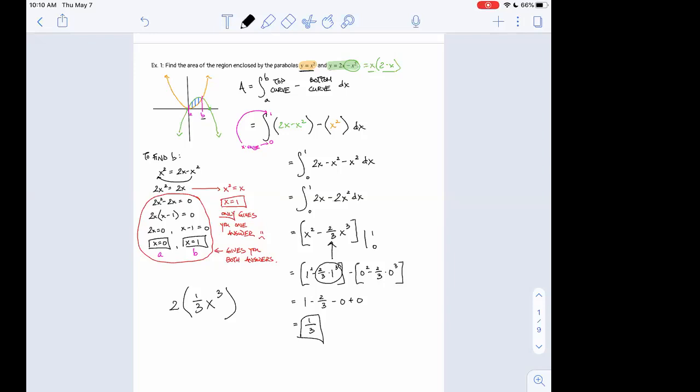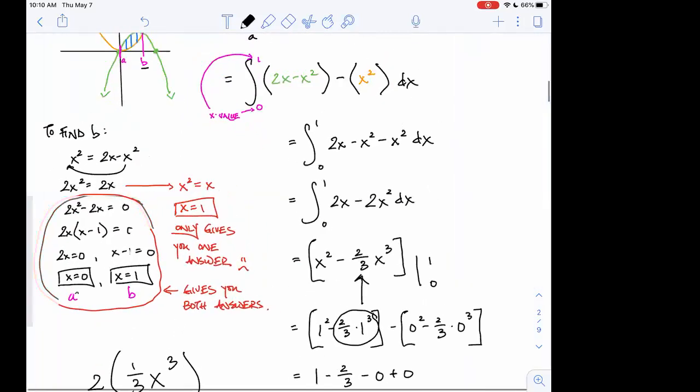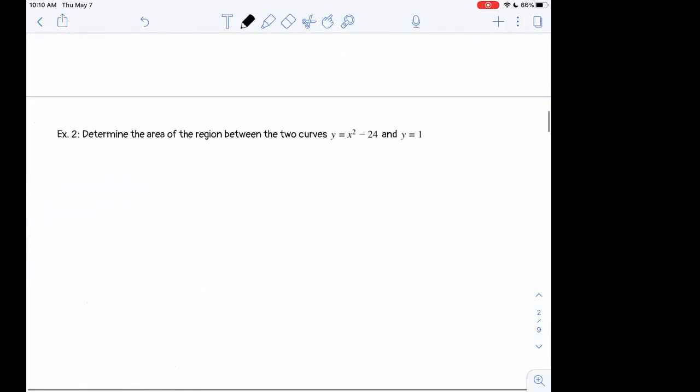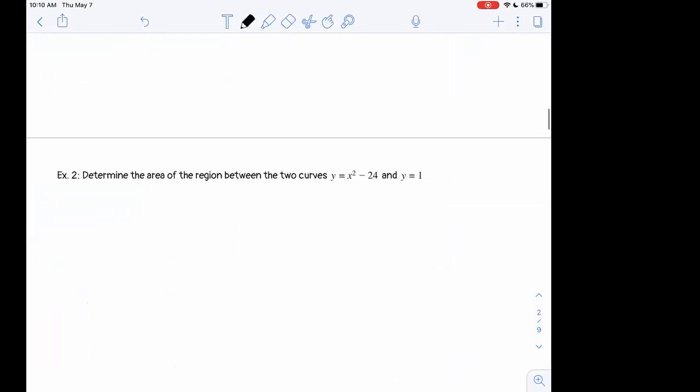Okay, let's move on to example 2. So example 2 says to determine the area of the region between the two curves, y equals x squared minus 24 and y equals 1. So let's go ahead and sketch our diagram.